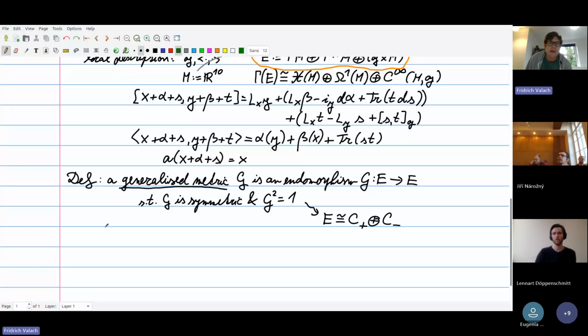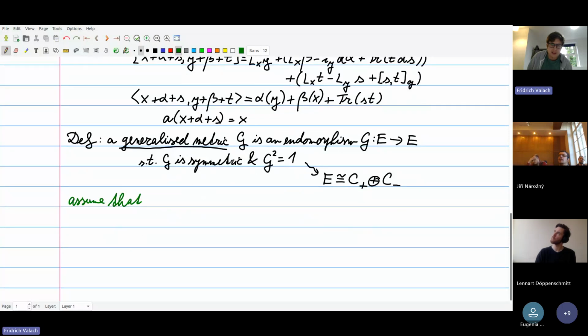So let me make an assumption here. We will assume furthermore three things to specialize this to the case of interest. First, if you restrict the pairing on the Courant algebroid to this subbundle C plus, then it has signature 9,1.